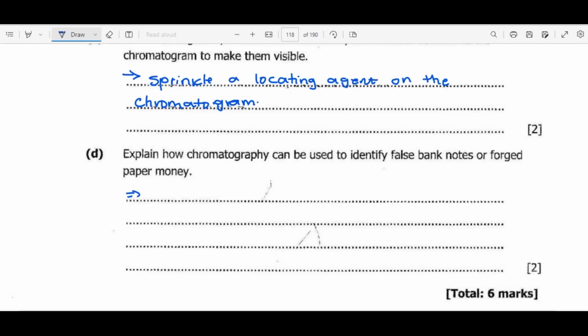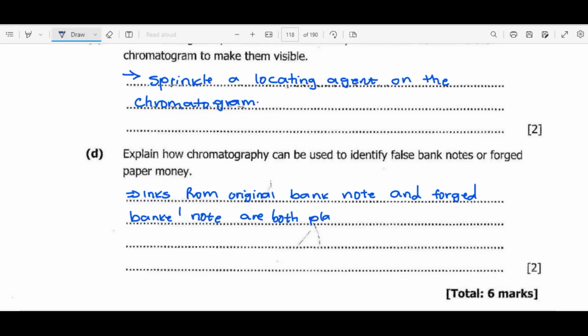So say inks from original banknote and forged banknote are both placed on chromatograph paper.